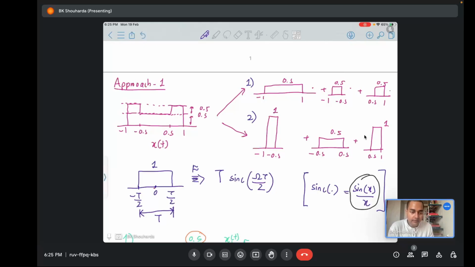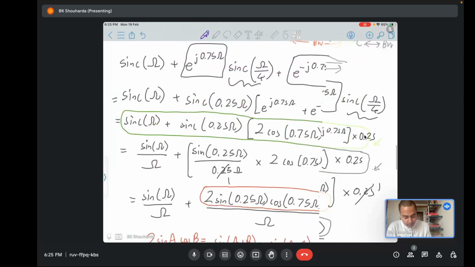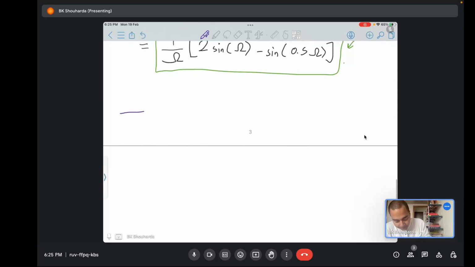Here it will be 0.5, here capital T will be 1, here will be 0.5, simple. Let me brief it out once again for you. You have a rectangle, height 1, starts at -1, ends at -0.5, so it has a width T equal to 0.5. It is centered around -0.75, and it has an amplitude of 1.